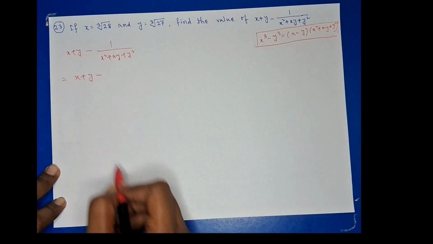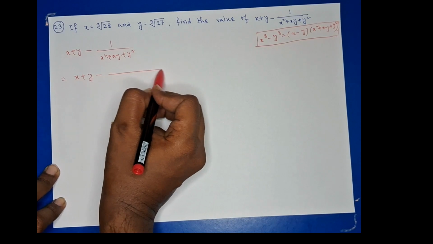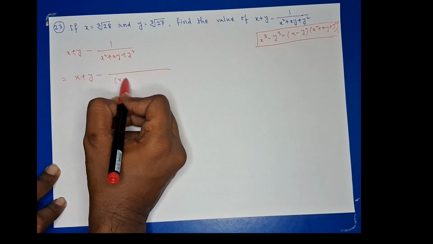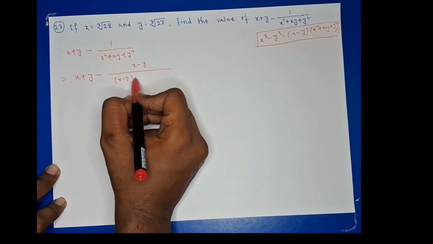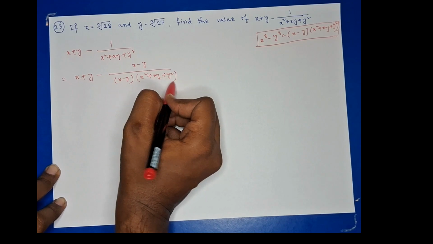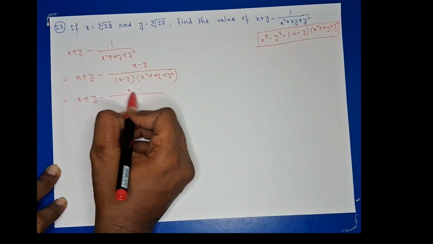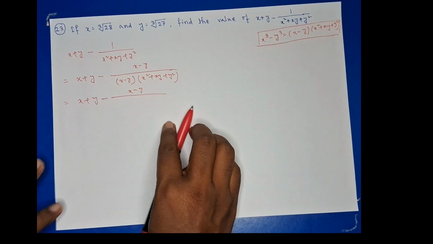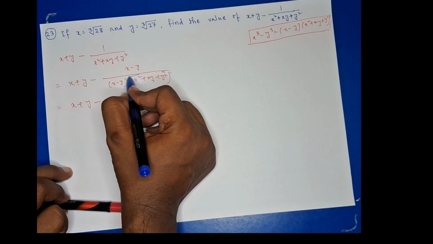x plus y is equal to, so if I multiply the denominator by x minus y, and also in the numerator we have to multiply and make it x square plus xy plus y square. So it's x minus y. So now, what is this?